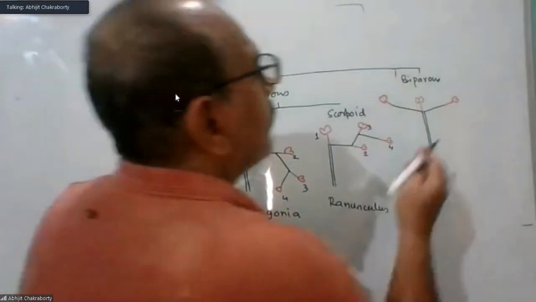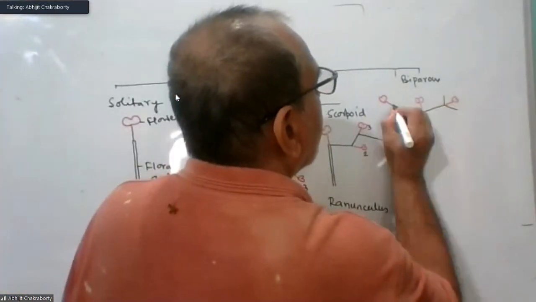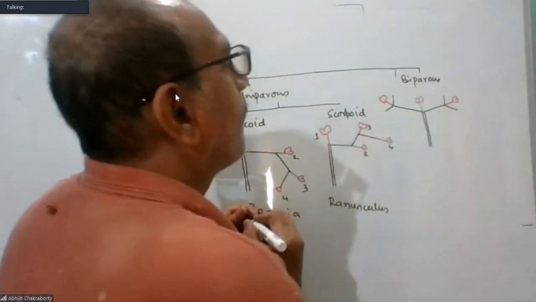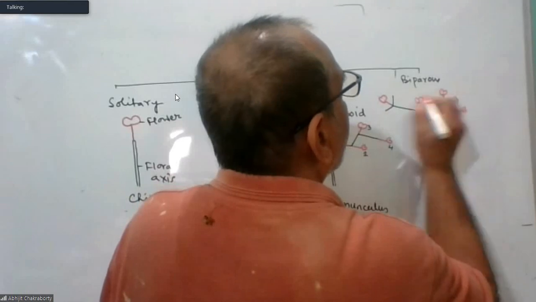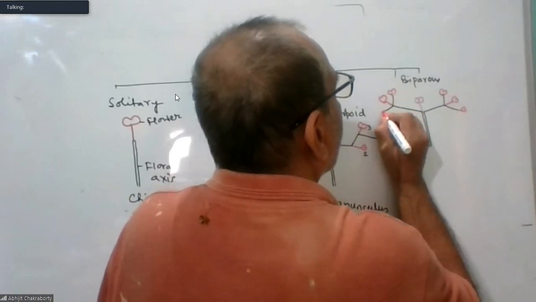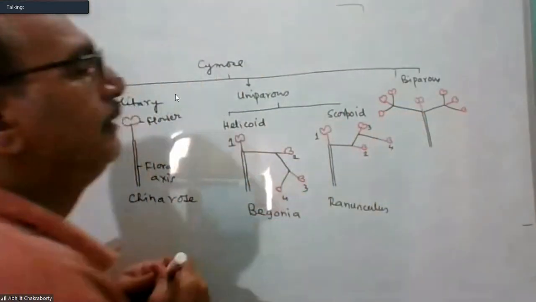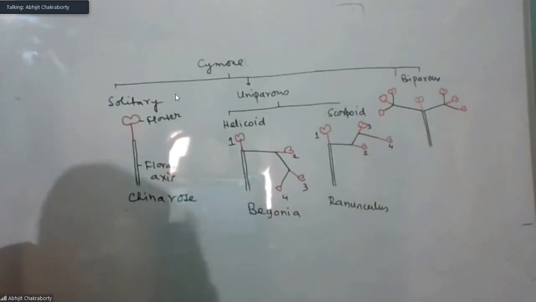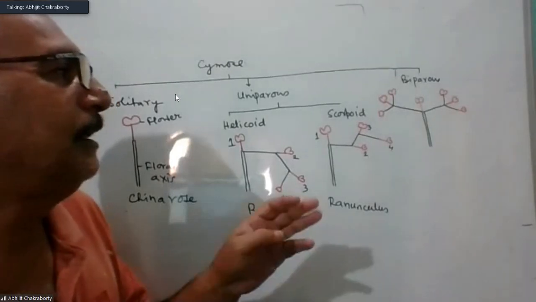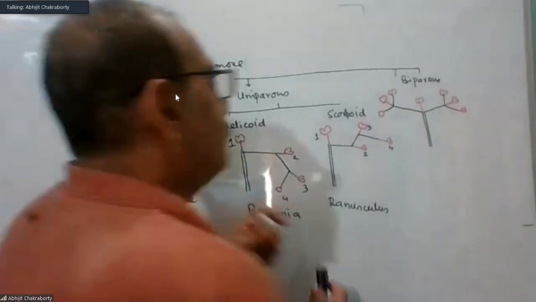So on both sides, again, this is biparous. You see here, this is the first flower.